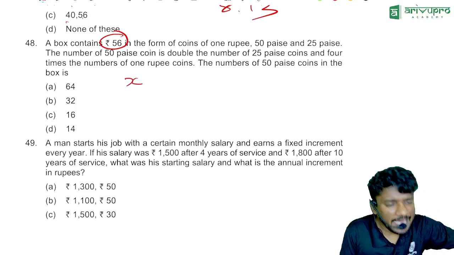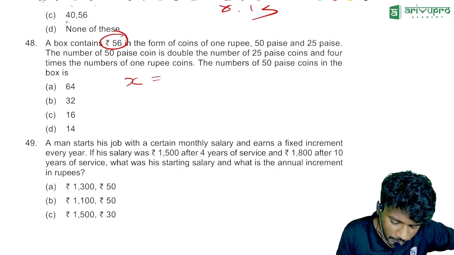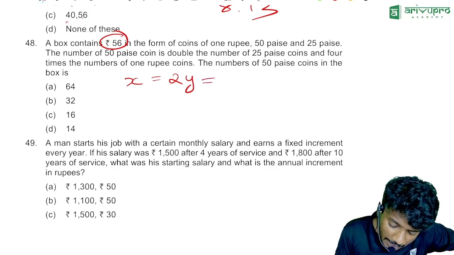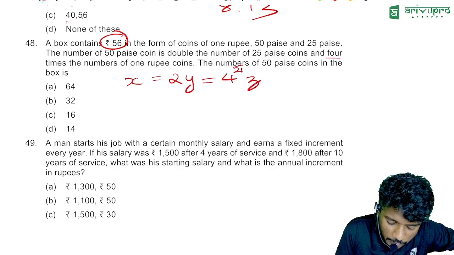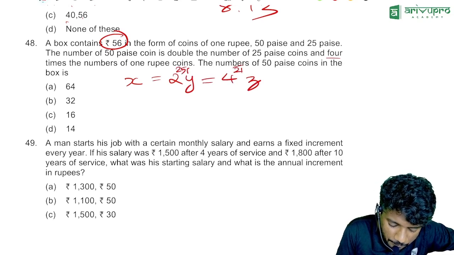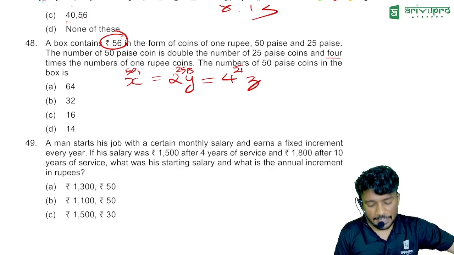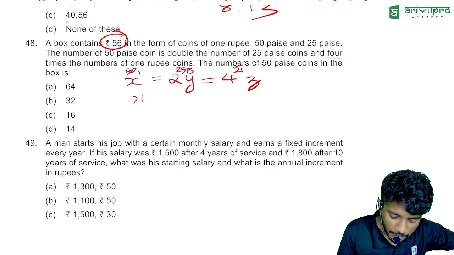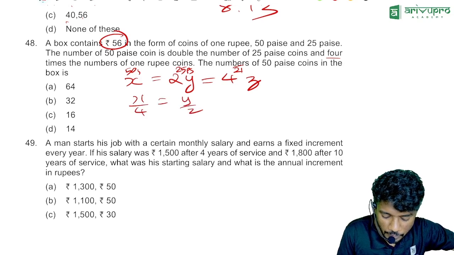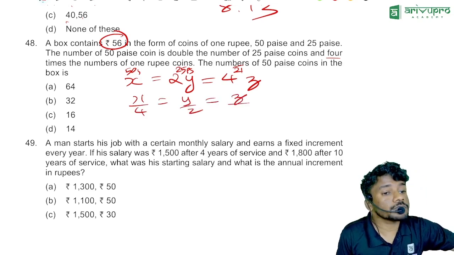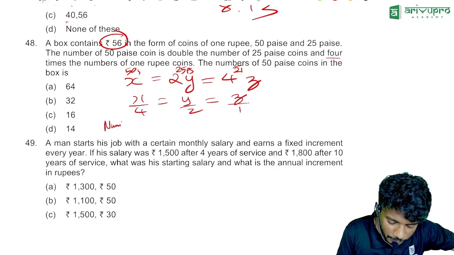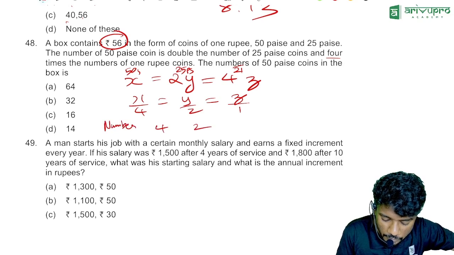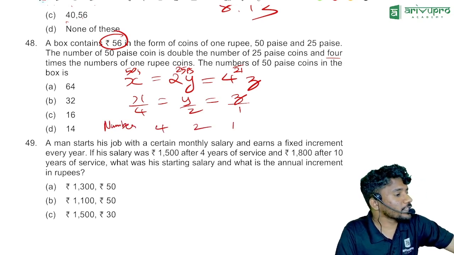Taking 50 paise as x, 25 paise as y, and 1 rupee as z, divide everything by 4: x by 4 is equal to y by 2 is equal to z by 1. So the number of coins is 4:2:1.